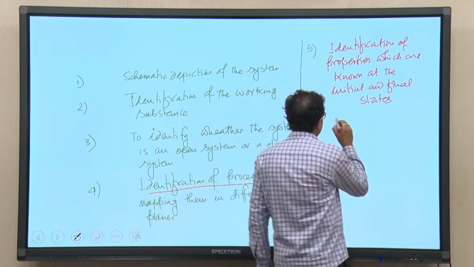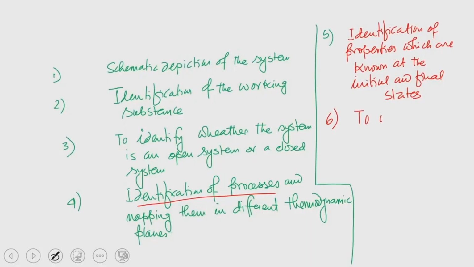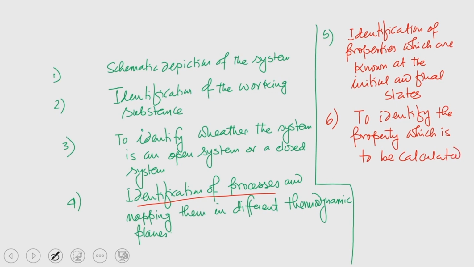Number 6 is to identify the property which is to be calculated, right, which is to be calculated. So, this is 6.